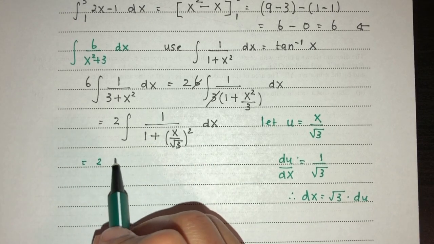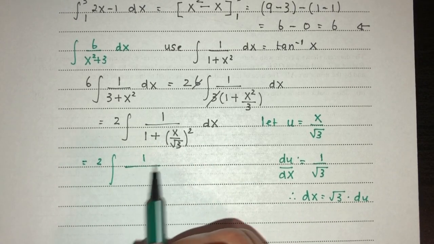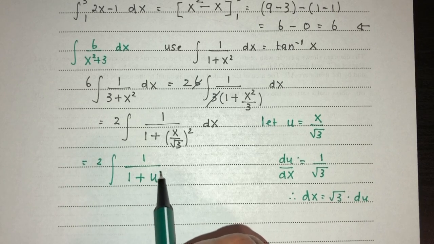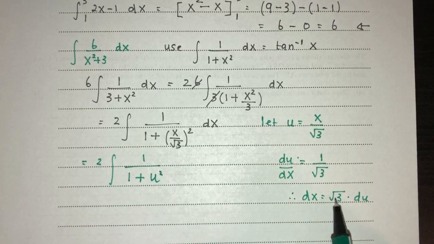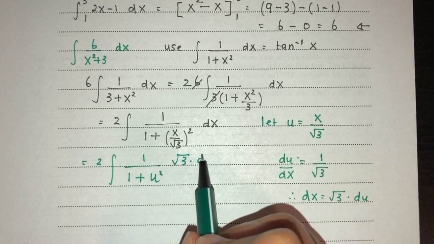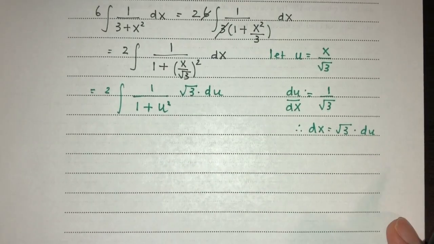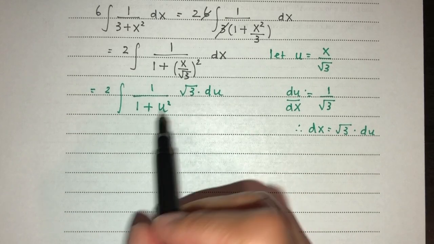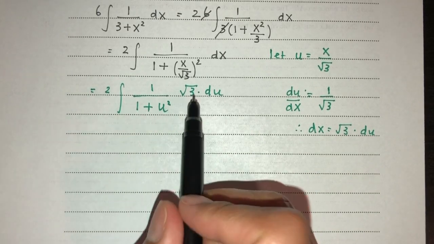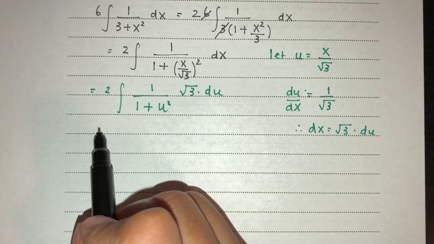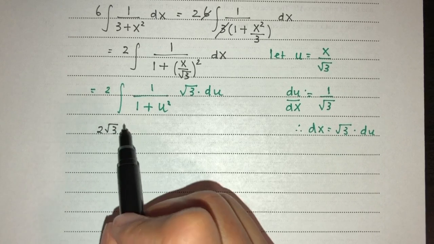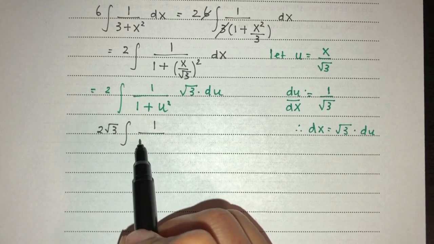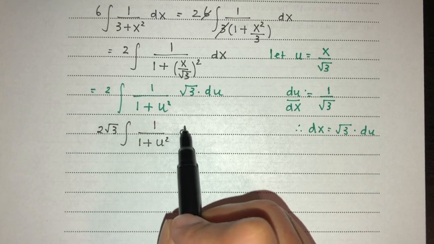You have 2 times the integral of 1 over 1 plus u squared, where dx is equal to root 3 du. Now let's simplify. What we can do is take this one out. You will have 2 root 3 times the integral of 1 over 1 plus u squared du.